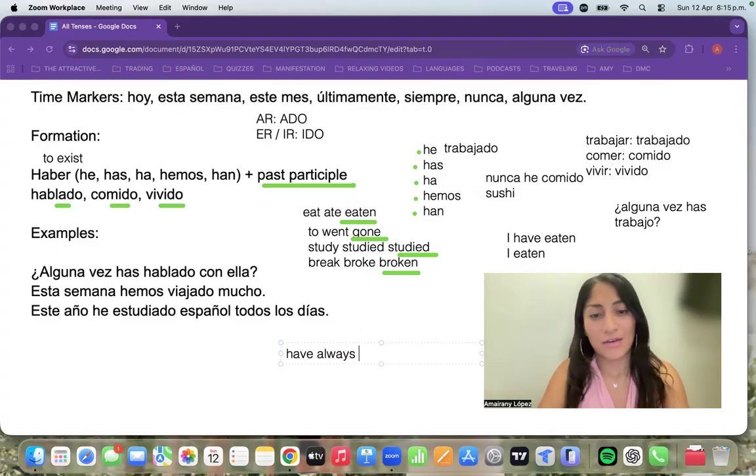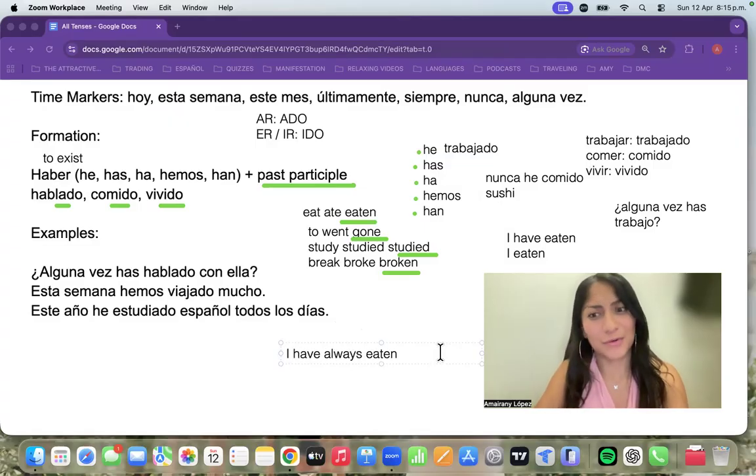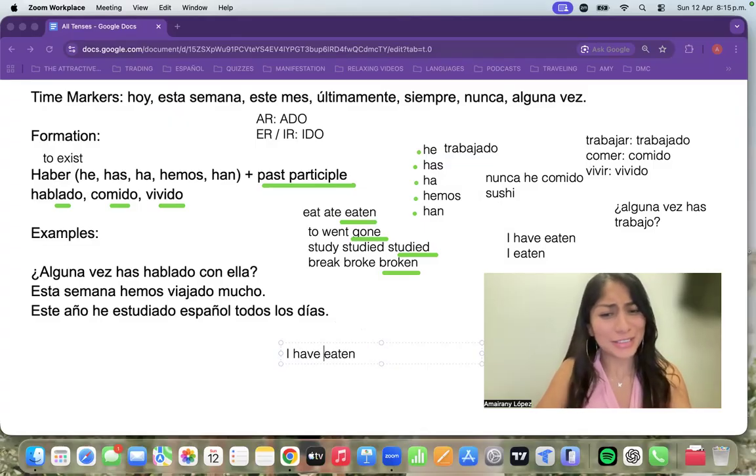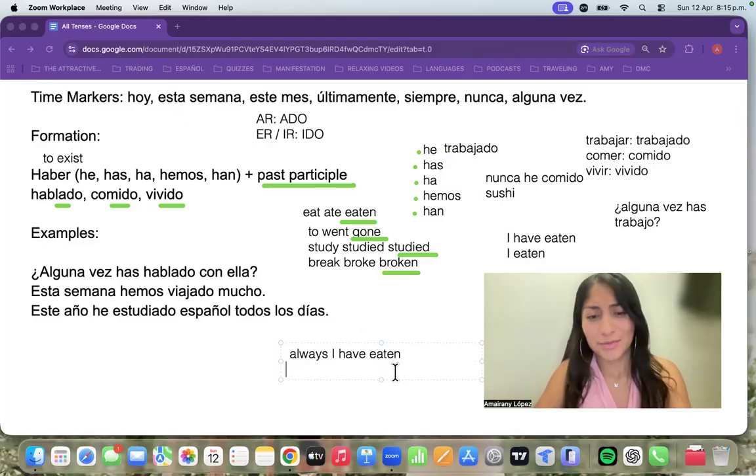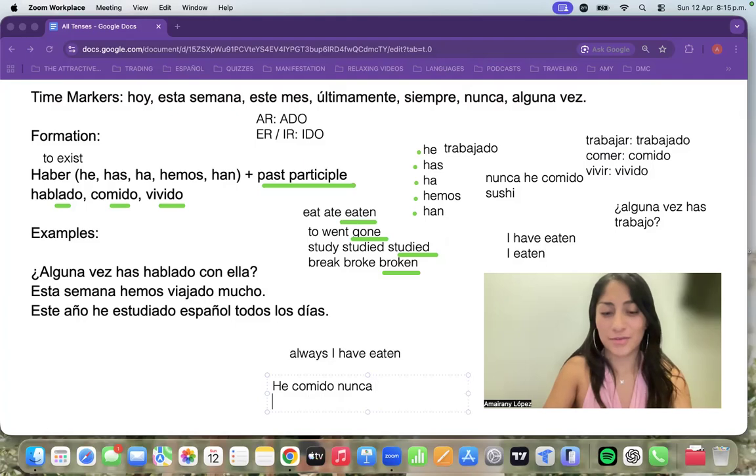It would be like saying always have I eaten. Well, actually that could work. I have always eaten. But always have I eaten. In English, you can actually do this, which is kind of Yoda-like. I'm not such a fan of those structures. But in Spanish, you cannot say that. You cannot say he comido nunca, like that. You would have to say nunca he comido, okay?